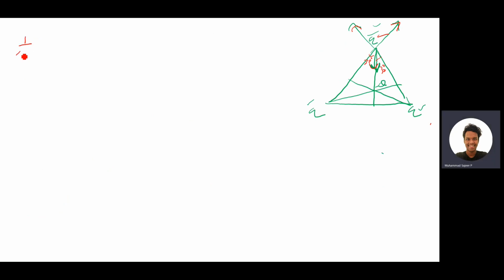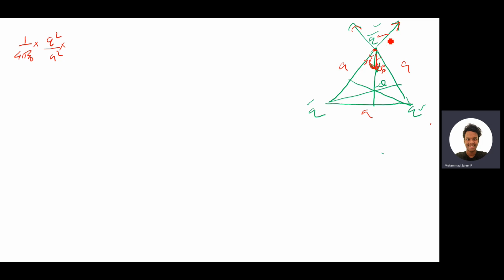So force equals 1 by 4 pi epsilon 0 Q square by a square. This distance is a, this distance is a, this is a. So Q square by a square. And since the forces have to cancel, and force is a vector, we have to find the forces cancelling this down force from the up.